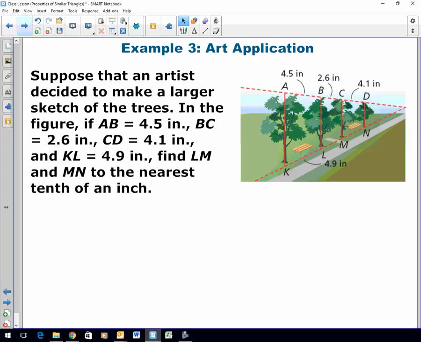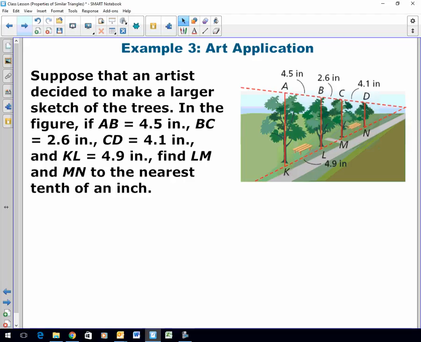Alright, on this one it says, suppose that an artist decided to make a larger sketch of the trees, because of course that's what artists do. In the figure, if AB equals 4.5 inches, BC is 2.6, CD is 4.1, KL is 4.9, it would ask you to find LM and MN to the nearest tenth of an inch. In the prior example, my parallel lines were going from top to bottom.